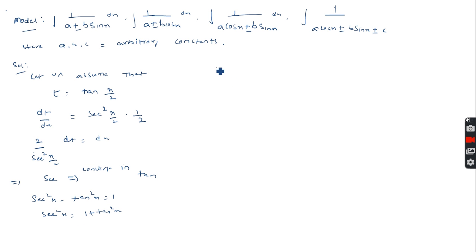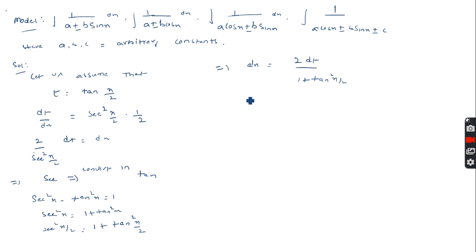So dx equals 2 into dt by secant square x by 2, that is 1 plus tan square x by 2.